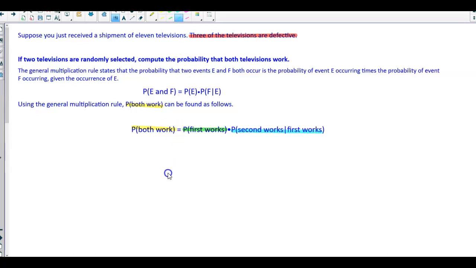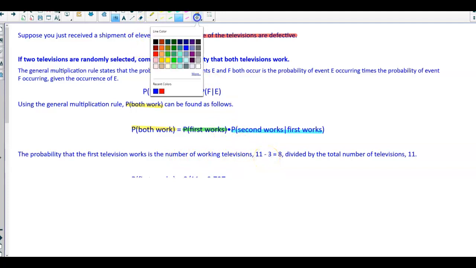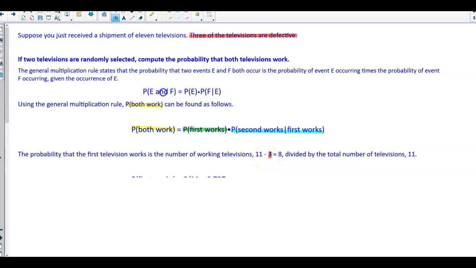So we need to find the probability that the first television works, which is the number of working televisions. We have 11, and we subtract the amount that's defective, which is 3.